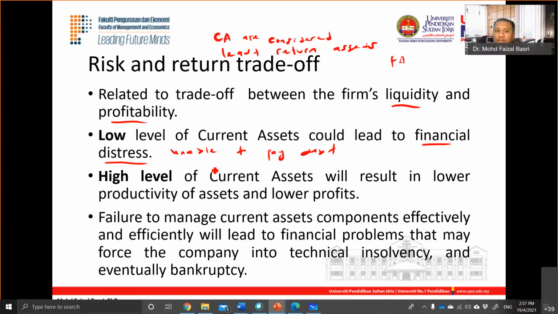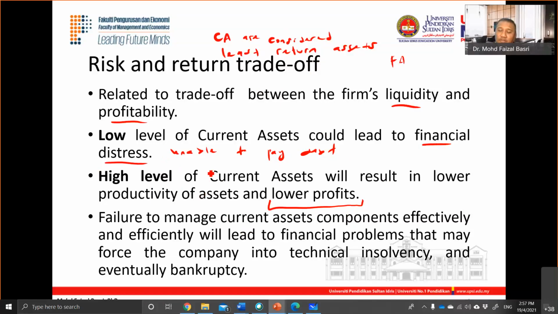However, if you have a high level of current assets, you will have a low level of profits because, as I said, current assets are the least return assets. Therefore, you're going to have lower profits. So if you are unable to manage your current assets efficiently or effectively, then you're going to face either of these two.